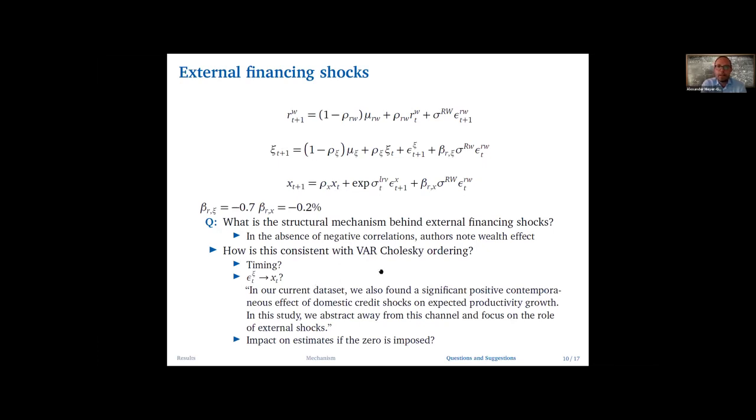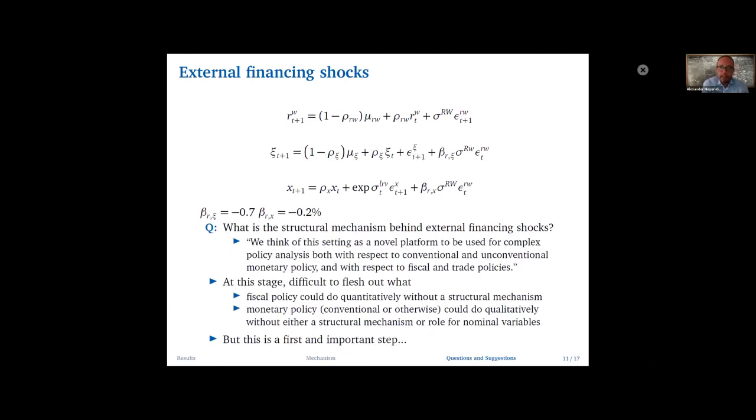And indeed, the authors note that they find a significant contemporaneous effect of these domestic credit shocks on expected productivity growth, but they abstract away from this channel. So I would wonder, what would happen to the estimates that you have in the VAR study? Would they be affected if you impose this zero that you use in your model later? You have a statistically significant effect that you then ignore while defining everything else exogenously according to your estimates.